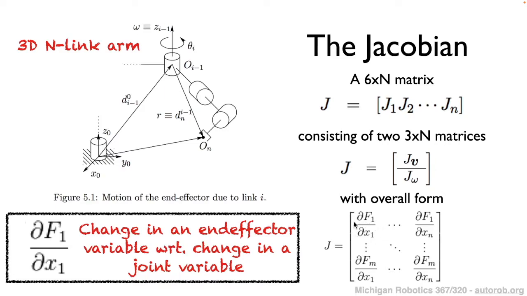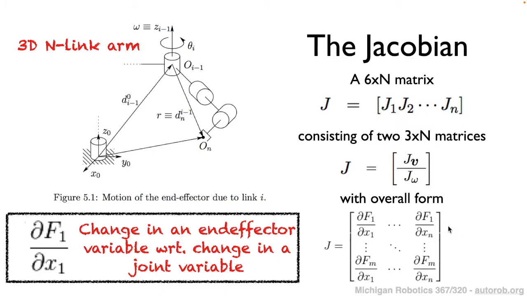The variable f in this matrix represents the output from our forward kinematics, and each variable x represents one of the degrees of freedom along the robotic structure, where the index of the x denotes which joint the degree of freedom corresponds to. So x1, for example, would represent the degrees of freedom that correspond to the first joint, whereas x sub n would represent the nth degree of freedom along the chain.